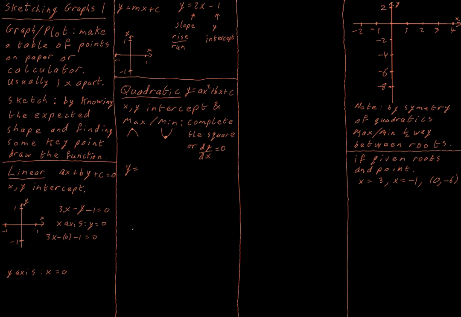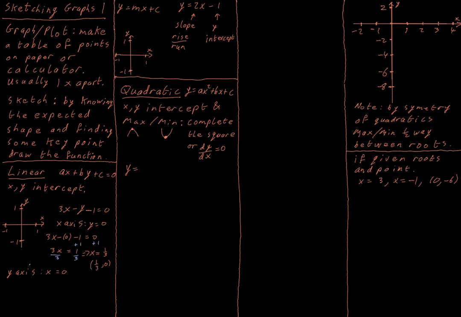And then rearrange to get x by itself to find our coordinate. So 3x is equal to 1. We want to know what x is. So that tells me that x is equal to a third.